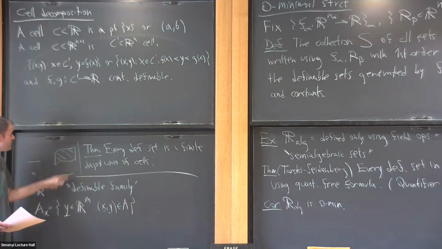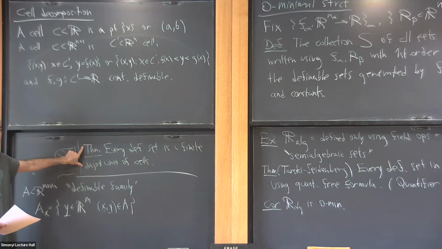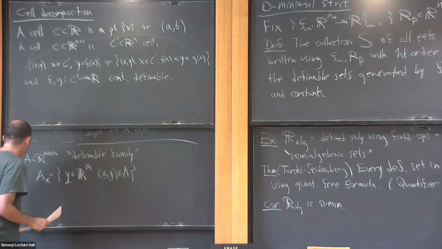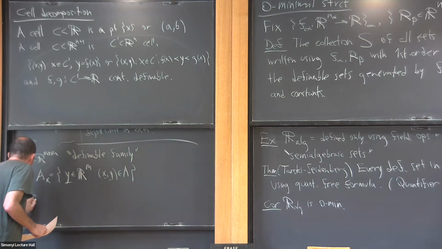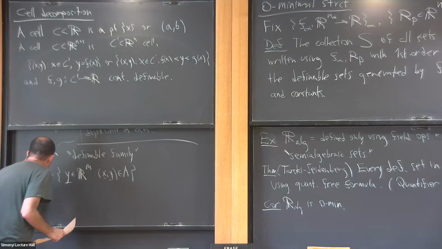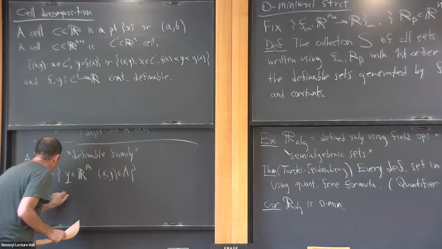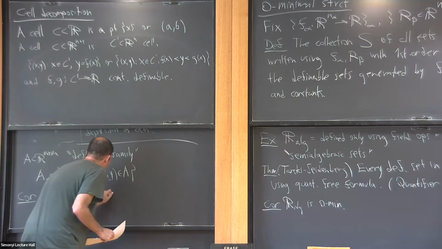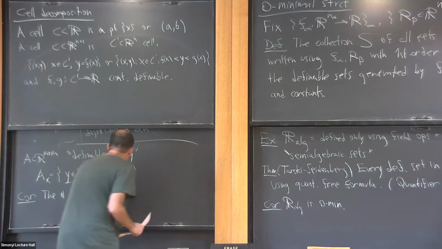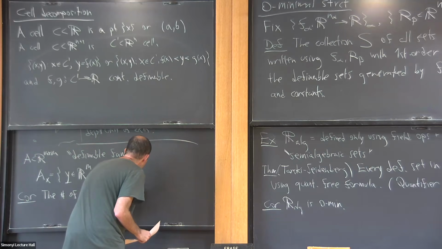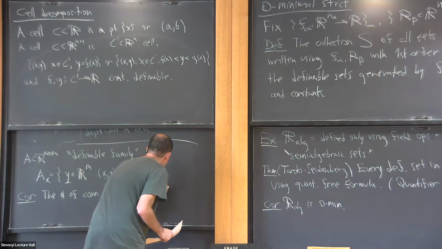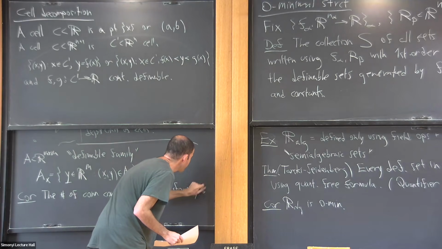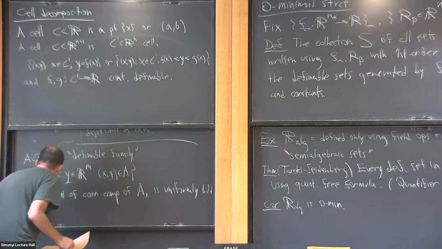And then I claim that a very simple consequence of this theorem, a corollary, is that the number of connected components of A_x is uniformly bounded, independently of x.